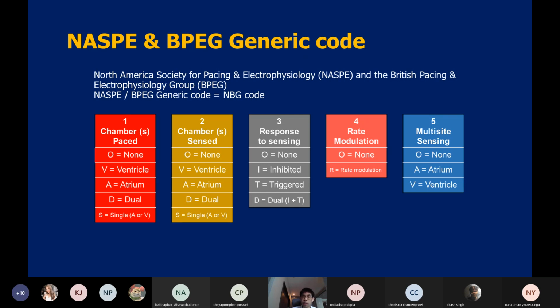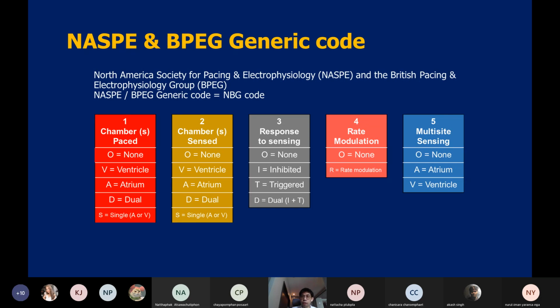And the last one is D. D is dual. The pacemaker has both responses to sensing. It could inhibit itself and it could also trigger itself after it senses the intrinsic rhythm. I will have the example in the next two slides, so don't be worried just yet at this moment.